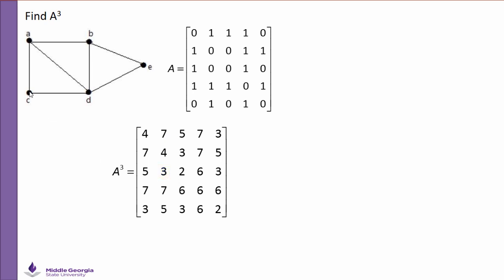So C, D, A, B, that's 1. C, A, D, B, that's 2. C, D, E, B, that's 3. That's the third walk of length 3.